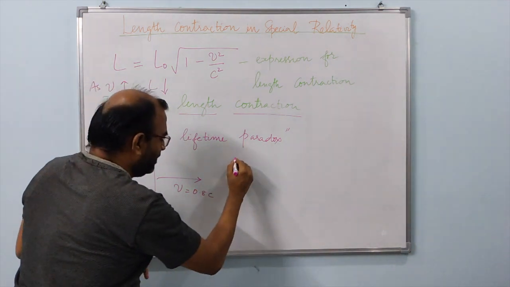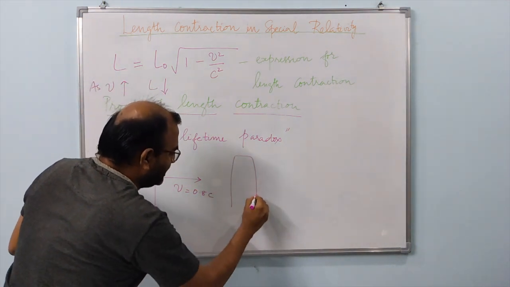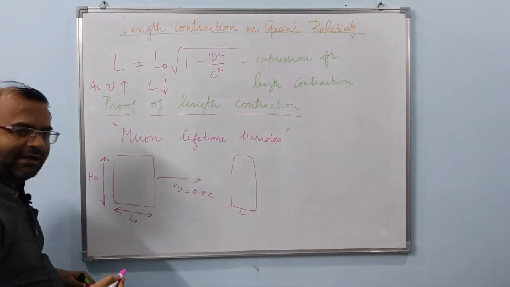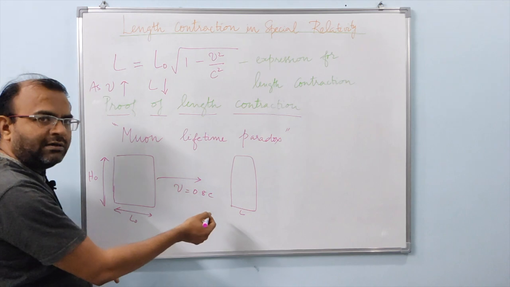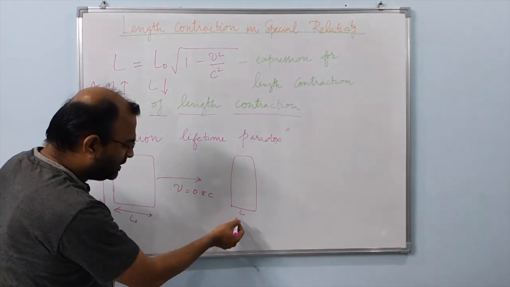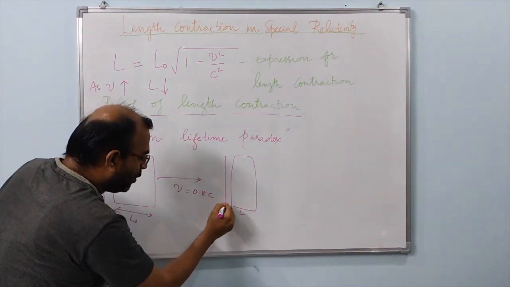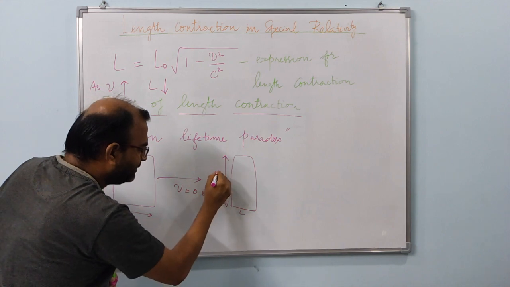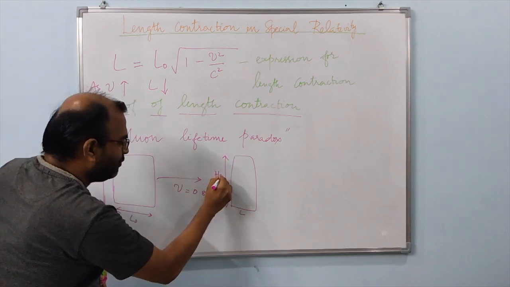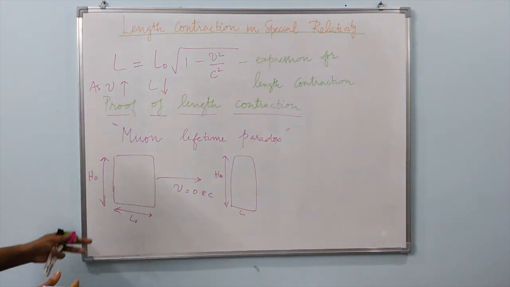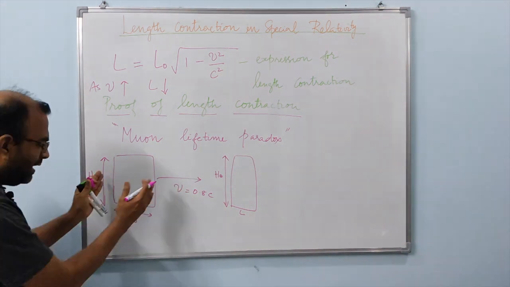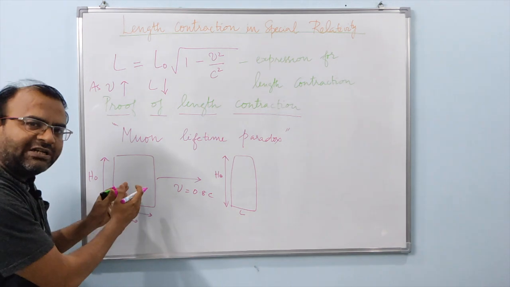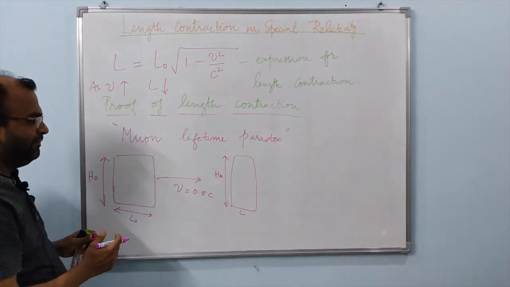This L naught should have substantially contracted, as L is equal to L naught times the square root of 1 minus v squared over c squared, whereas this height would remain unchanged. This is a very important point that one has to know, because the direction of motion is parallel to the direction in which the contraction occurs.